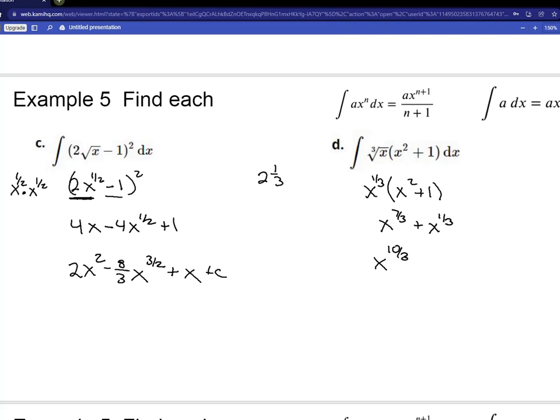And luckily there's nothing in front of here, so now I choose to multiply by its reciprocal, right? And then do the same thing here. Think of 1 as being 3 over 3. You get 4/3. And again, multiplying by the reciprocal. And then plus C. Okay?